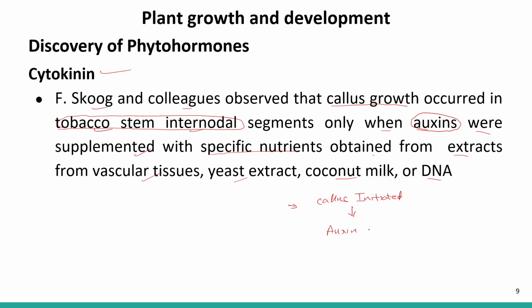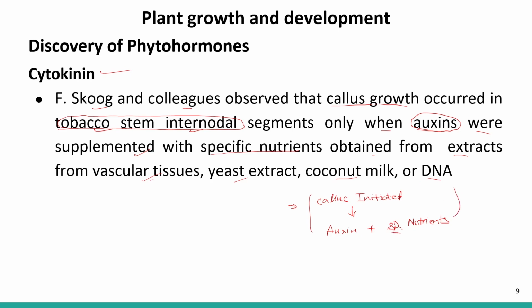So auxin is important, but along with auxin, these specific nutrients were also supplied. Then only was there callus formation.